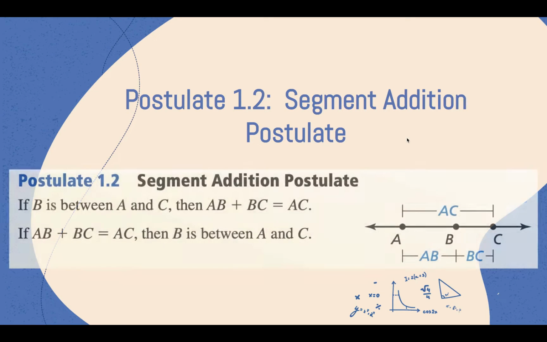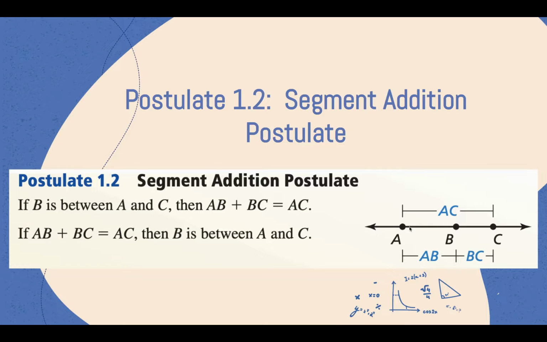The segment addition postulate simply tells us, if you have this diagram like this, you have a line, and then that line is divided into a segment AC, and then segment AC has point B in between. Remember what between means from our last lesson.